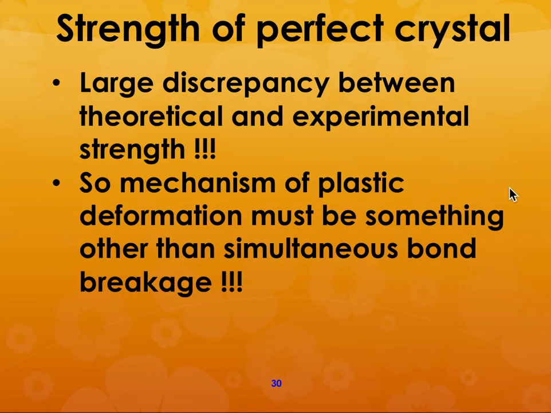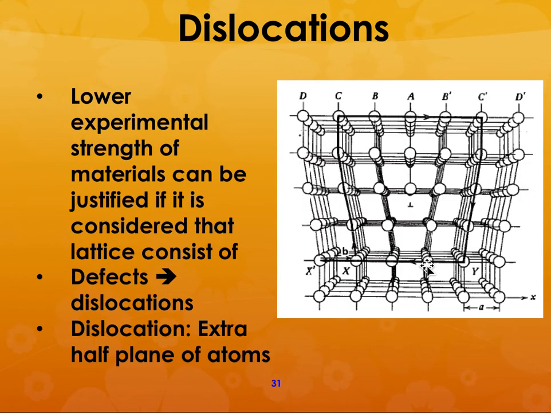So there is a large discrepancy between the theoretical and experimental strength of materials. The mechanism of plastic deformation is somewhat different than just simultaneous bond breakage, and that is because of the presence of defects, which are dislocations. In the case of the edge dislocation, it is an extra half plane of atoms.